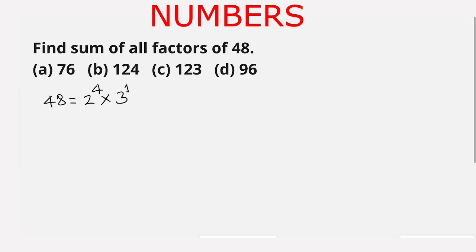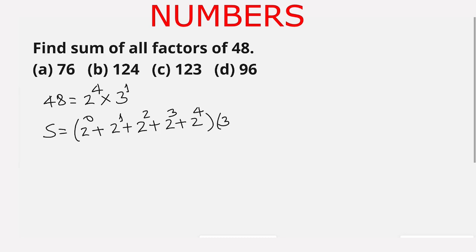Now the sum of factors is (2 to the power 0 plus 2 to the power 1 plus 2 to the power 2 plus 2 to the power 3 plus 2 to the power 4) multiplied by (3 to the power 0 plus 3 to the power 1). Here the power of 2 is 4, so we have taken from 2 to the power 0 to 2 to the power 4. And the power of 3 is 1, so we have taken 3 to the power 0 to 3 to the power 1.